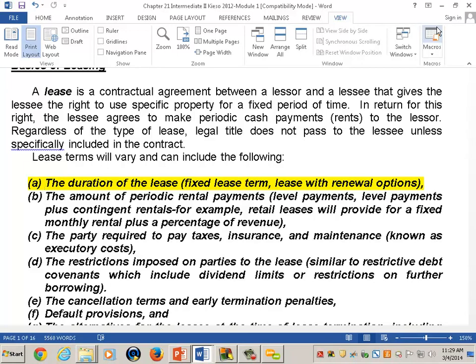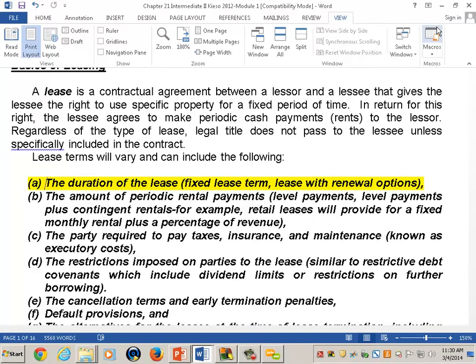Some retail leases, for example Tiffany's at Short Hills, they could be only paying 20% of revenue. I think that's reasonable for the mall, because the mall has to keep up its appearance, safety, parking, security, and that is the responsibility of the owners of the mall, and they would in fact be willing to take 20% of revenue.